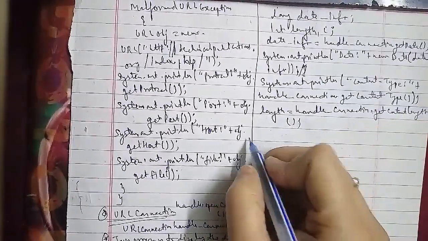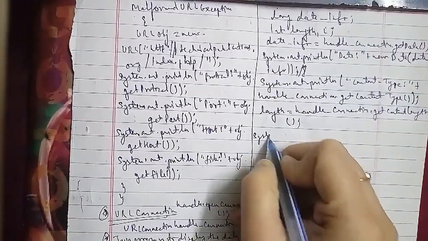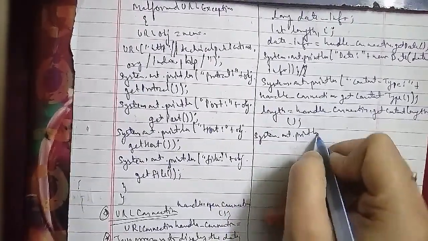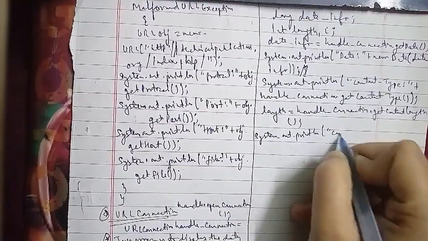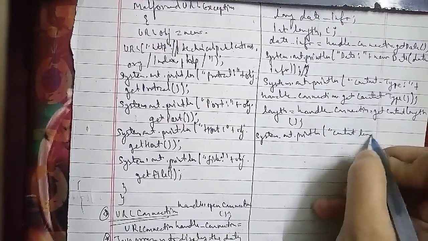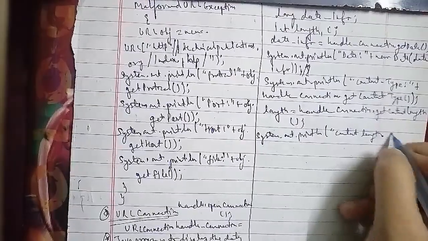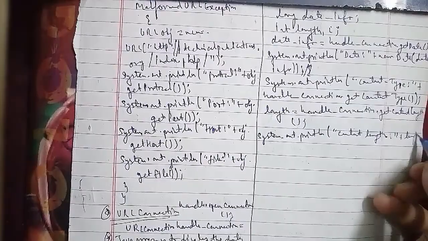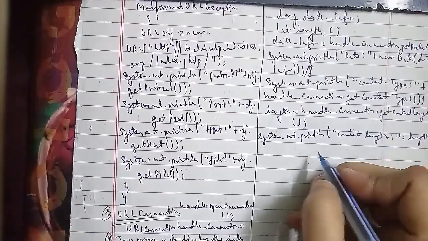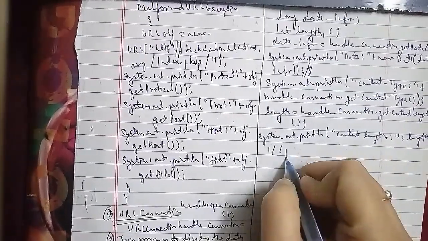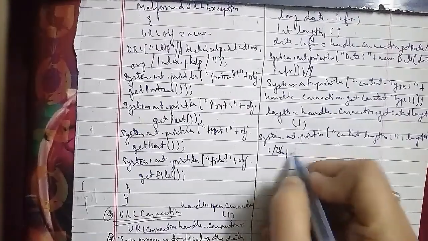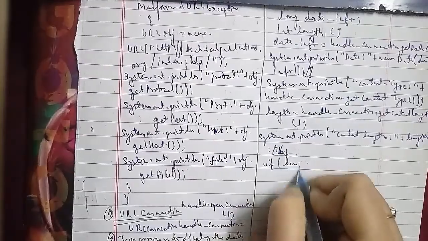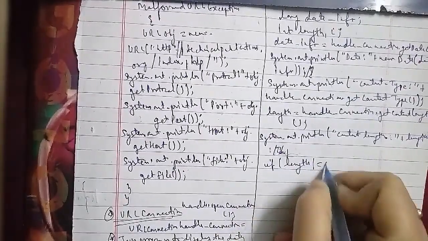This is the end of if, else, start with another bracket, System.out.println("There are no contents for this site").